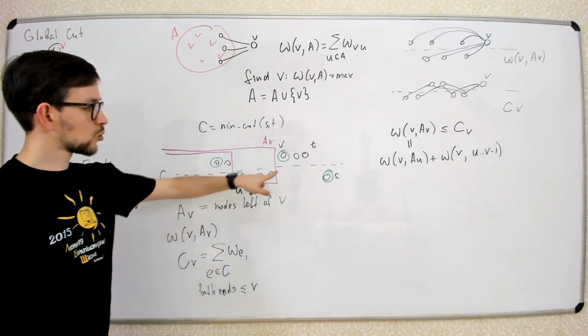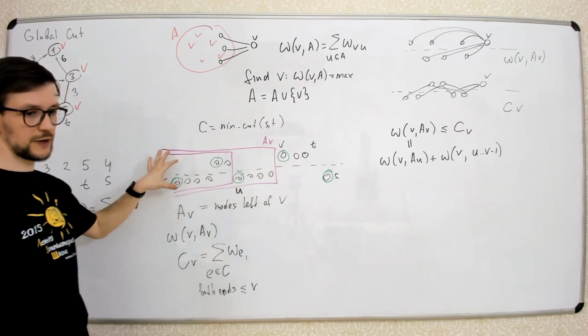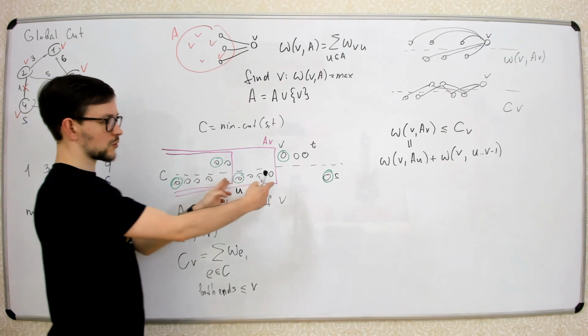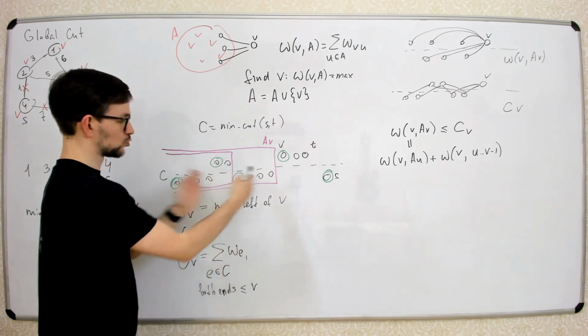These edges may go here or they may go here, so I just split the sum into two sums.